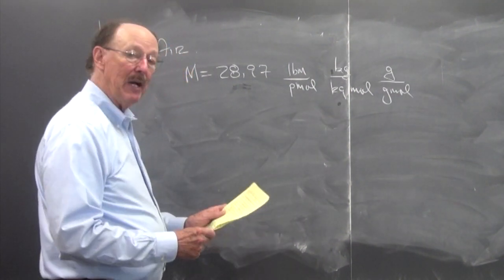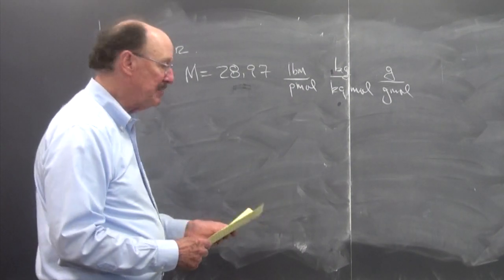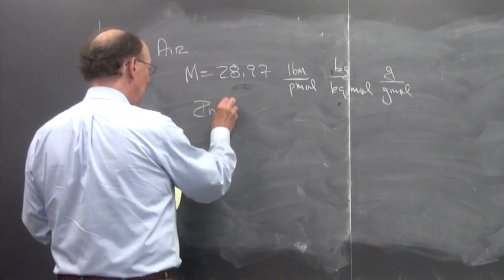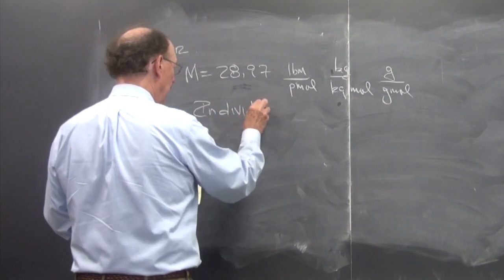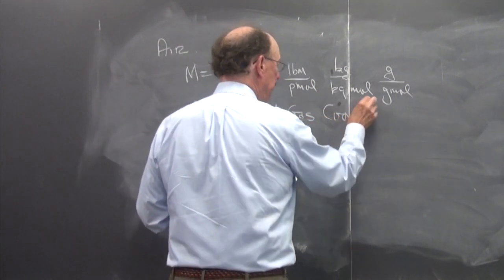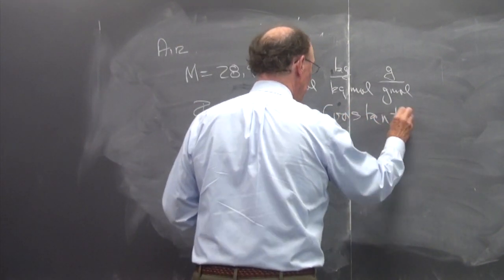And so if I want the individual gas constant, I divide the universal gas constant by the molecular weight.